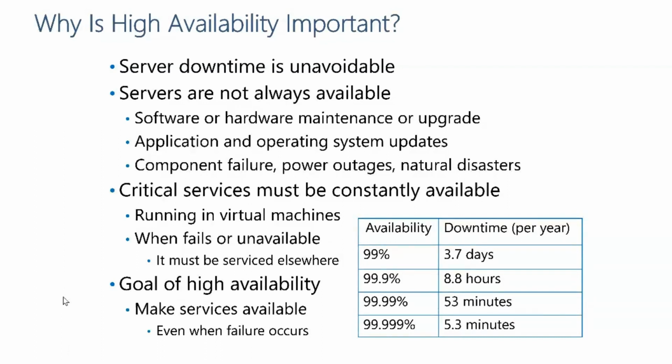There's also component failure, power outages, and natural disasters. Component failure is any part of your physical infrastructure failing. Power outages, I'm sure, not recently, but if you've lived in SA for quite a while, you would know that the power is not always reliable. And there are obviously natural disasters.